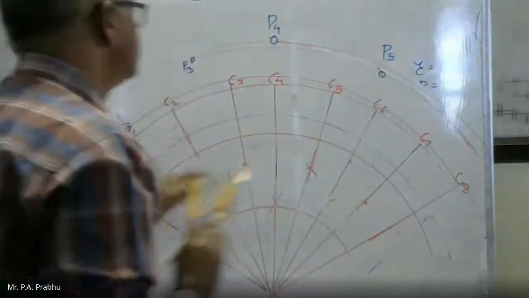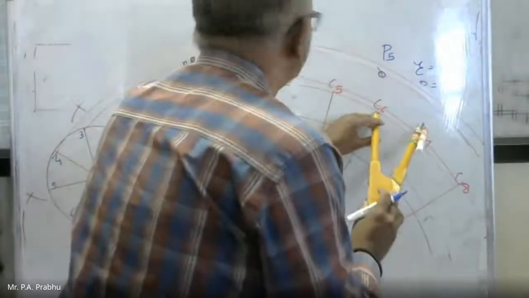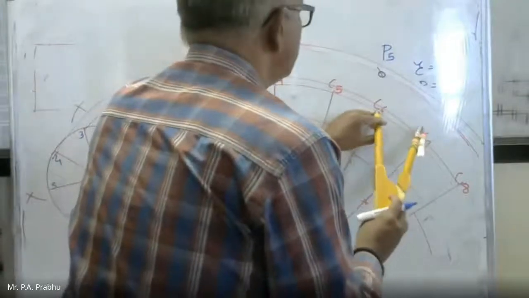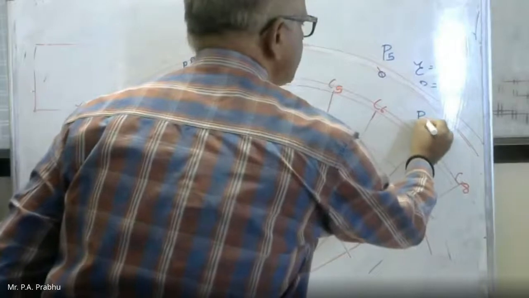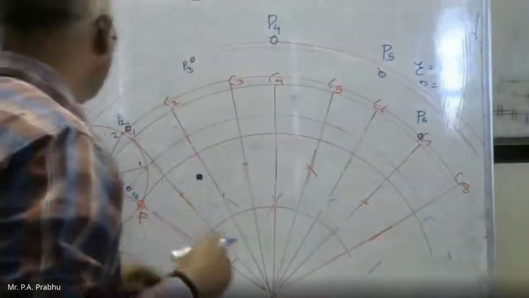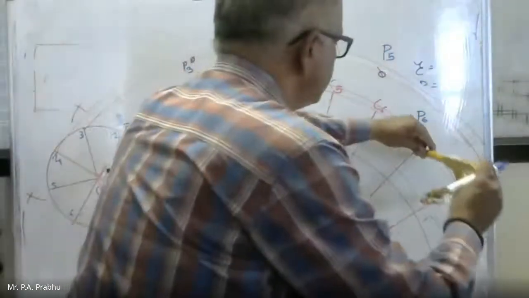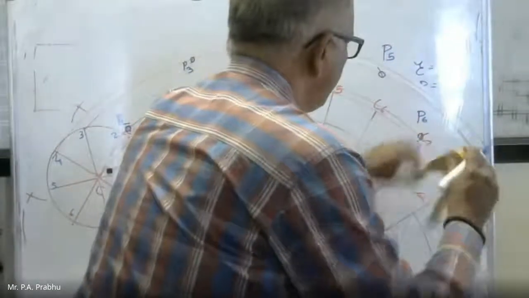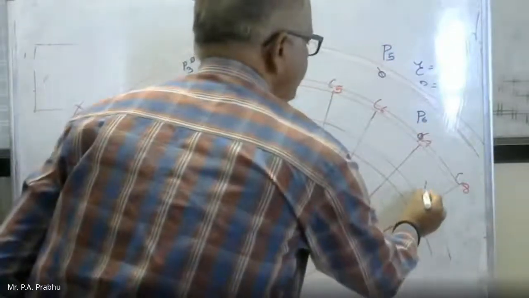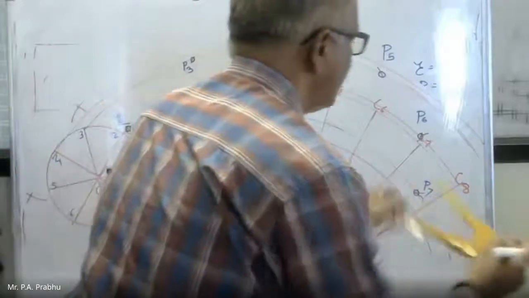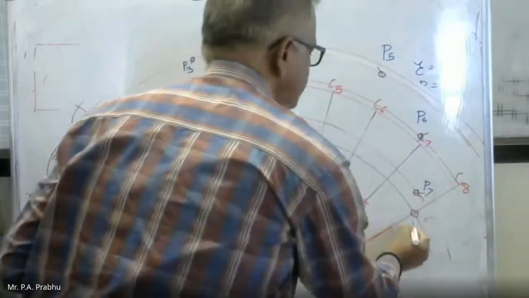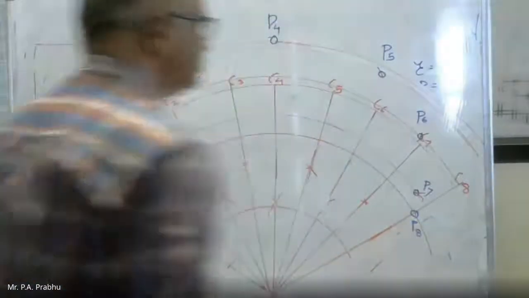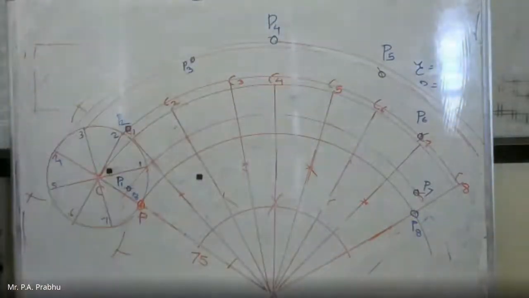Then P6. Then P7. And the last point on the circumference of the bigger circle, so this point P8. Okay, so we have found out 8 points.